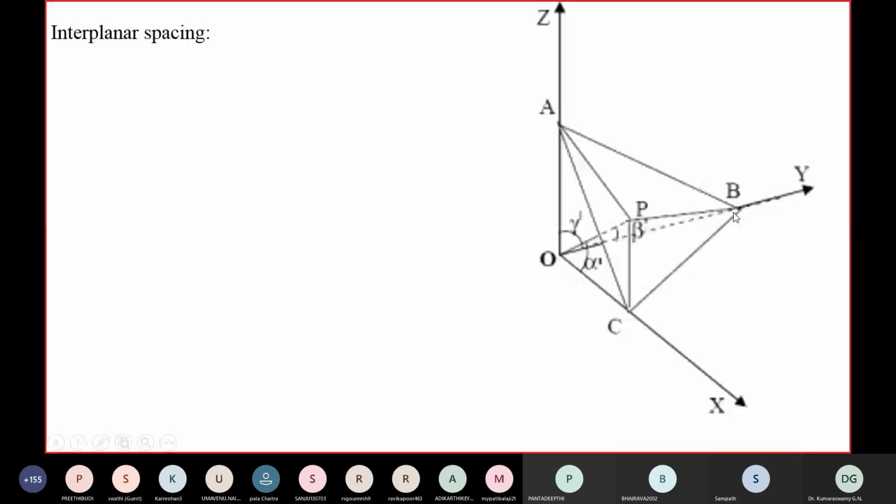Now, this line PB is running on the plane, and it meets the y-axis at B, where the plane is cutting. Okay.